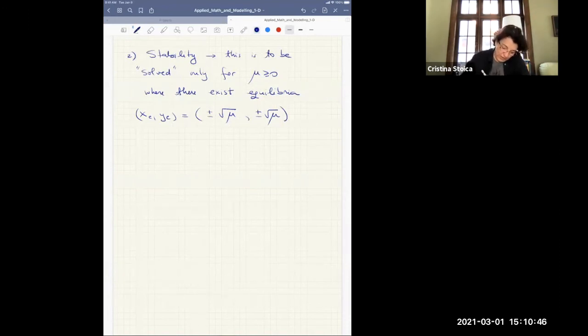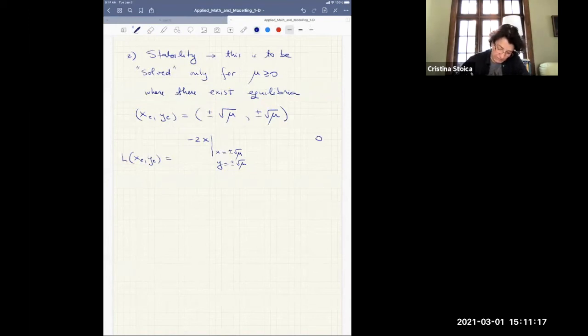Okay, so we have to do the linearization, right? So we have to do L at x_C,y_C, right? So again, we are doing dB/dx and dB/dy. So this would be a minus 2x, right? And then it's at x_C,y_C, right? Okay. All right. And then this is a 0 here.